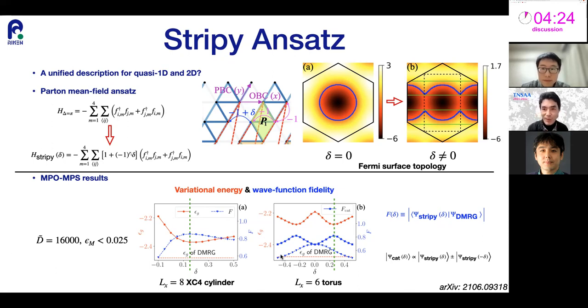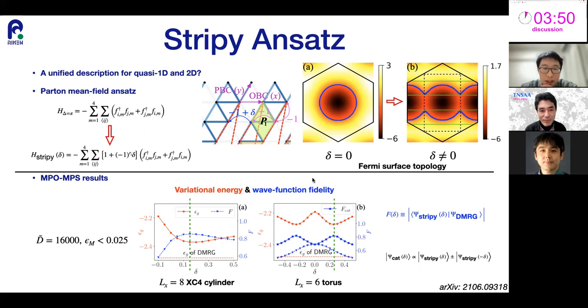I have one more question. You want to say this ansatz is very good to understand the result of the DMRG calculation. Yes, basically the important physics is included in this ansatz wave function.